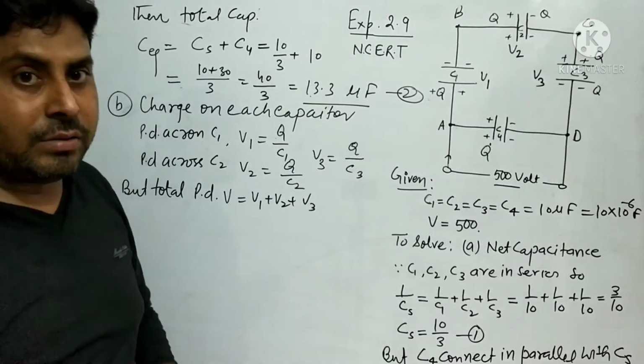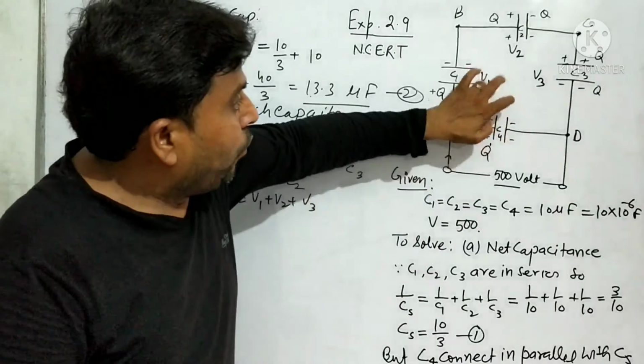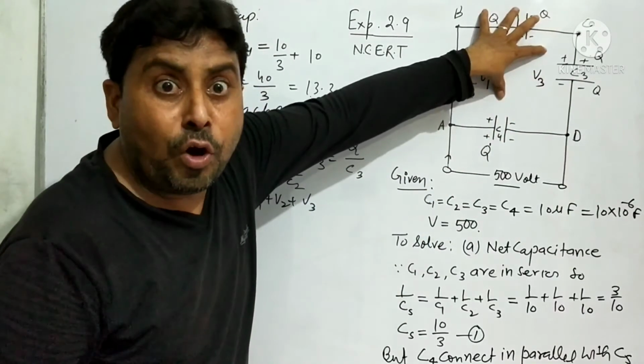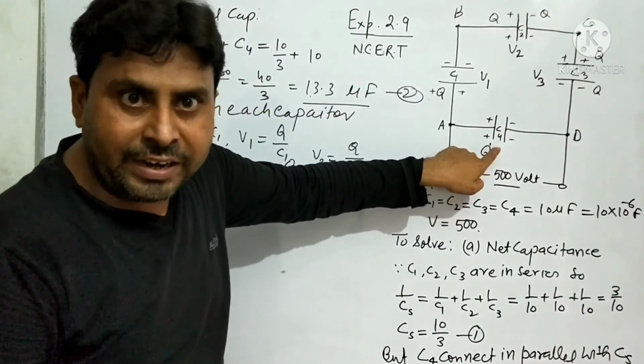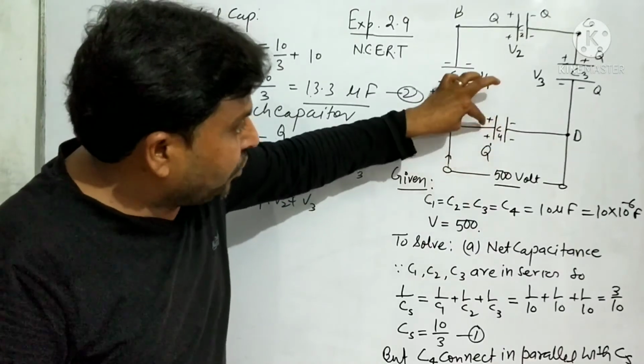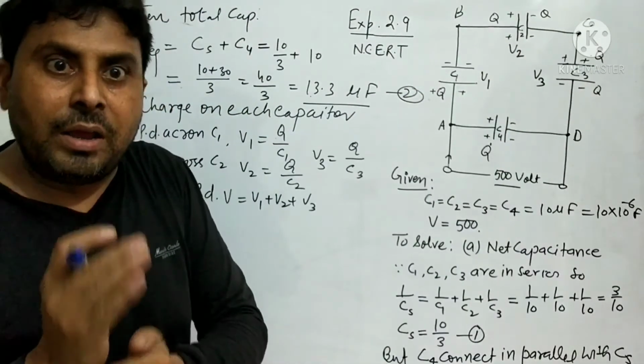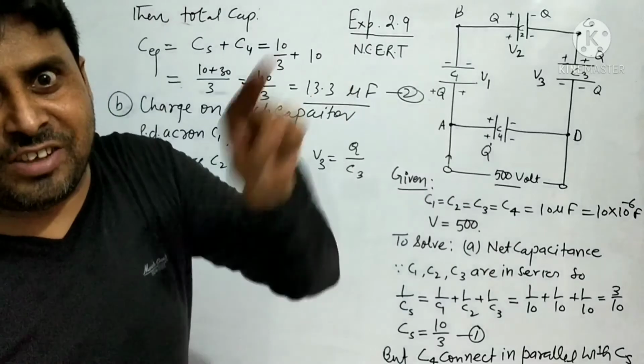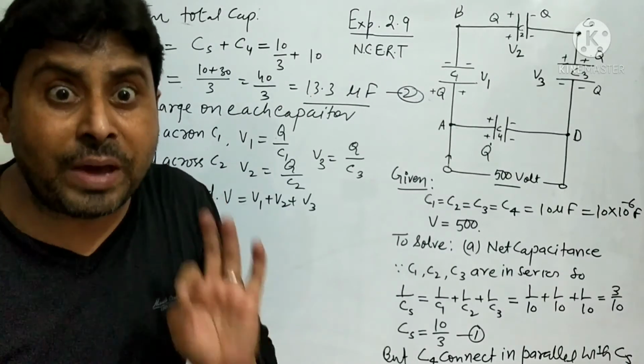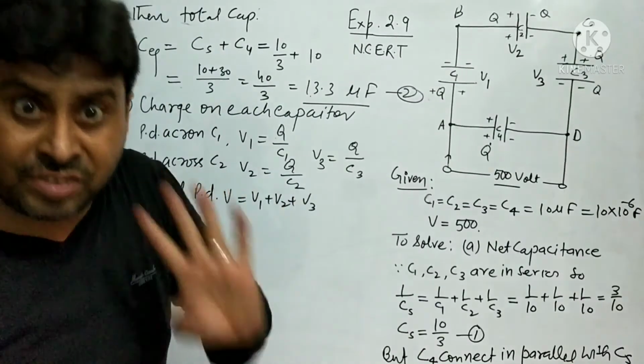Dear student, 1, 2, 3, all three are one combination. This is second. But C4 with this combination is in parallel. In parallel combination potential remains same.